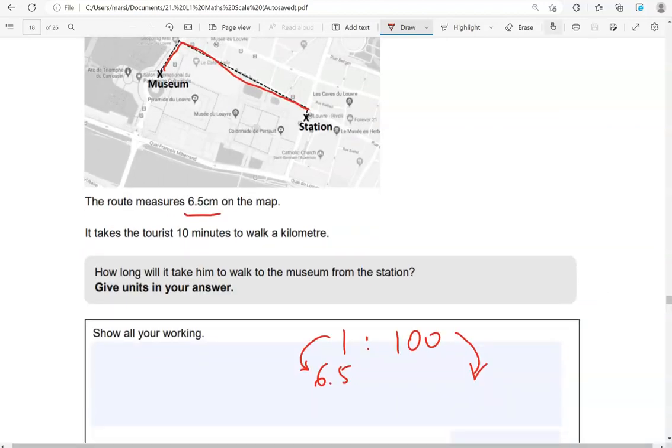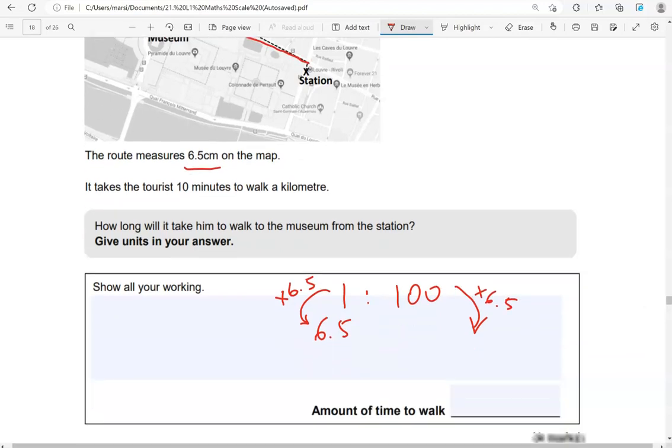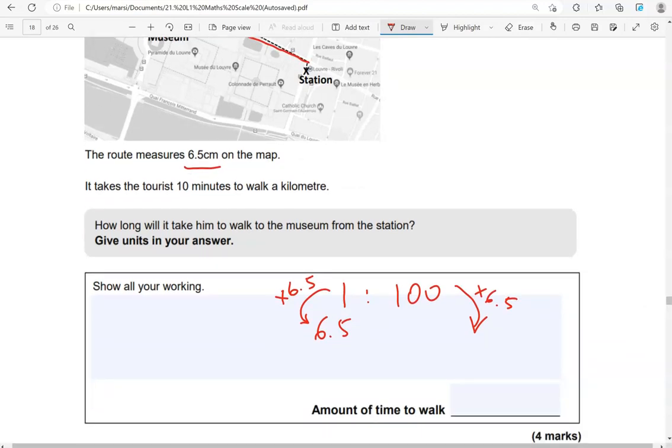So 1 times 6.5 gives us 6.5. So we'll do the same here. 100 times 6.5 will give us 650. That is meters.